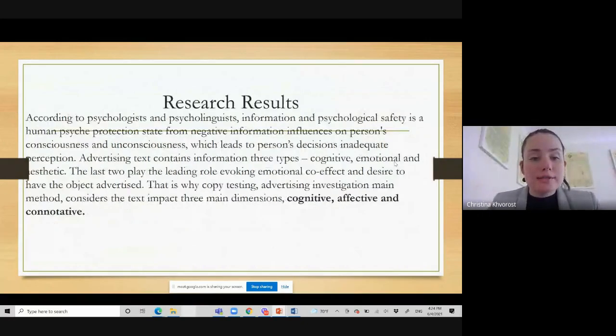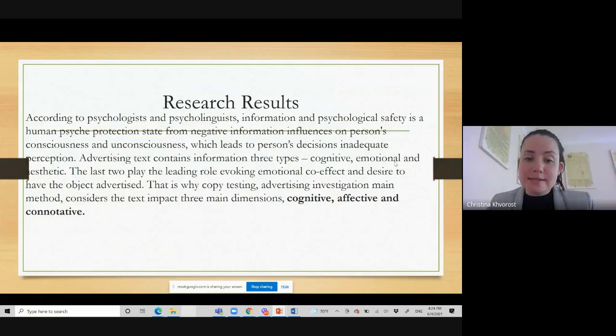According to psycholinguists and psychologists, information and psychological safety is a human psychoprotection state from negative information influences on a person's consciousness and unconsciousness, which leads to inadequate perception and decisions.